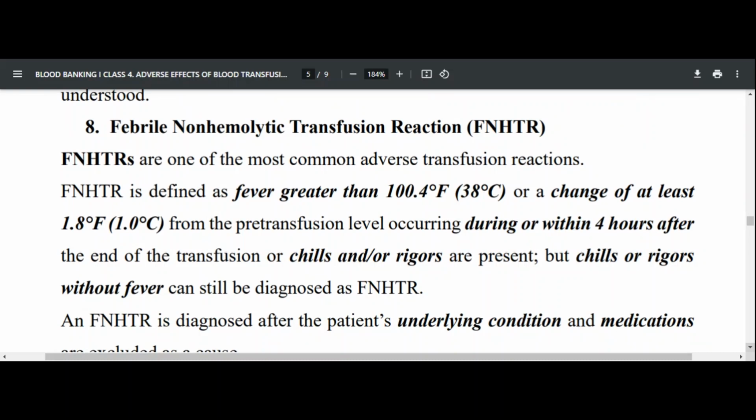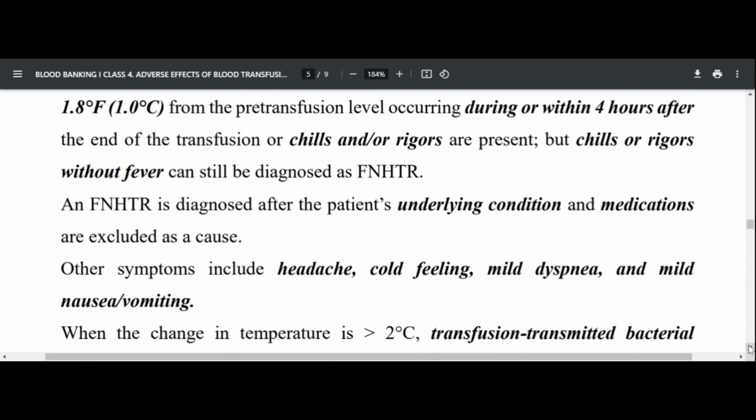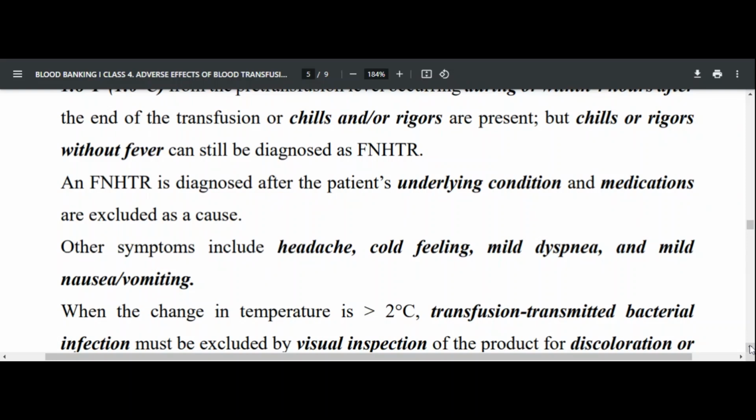With rigor and chills, or sometimes even chills and rigors without fever, it can still make the diagnosis for febrile non-hemolytic. But of course, what you try to check is the increase of at least 1 degree Celsius from the baseline. So the febrile non-hemolytic is diagnosed after the patient's underlying medical conditions have been excluded as a cause, right?